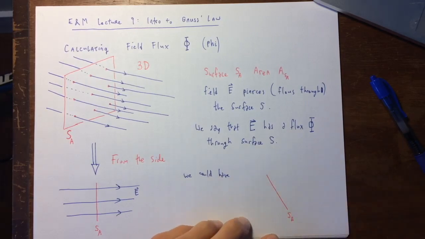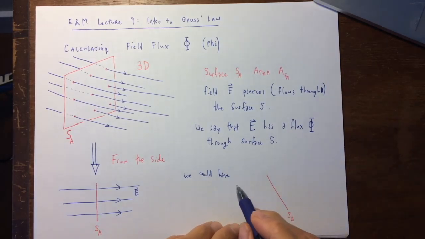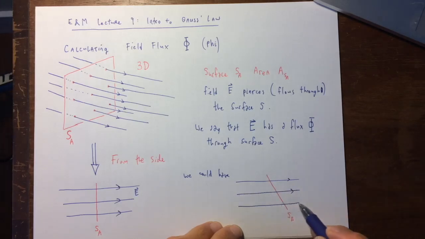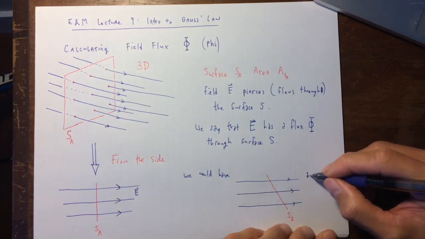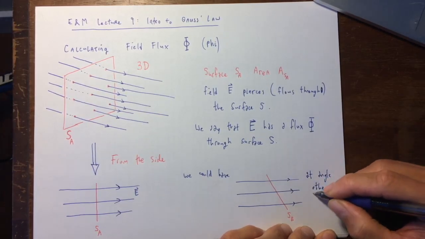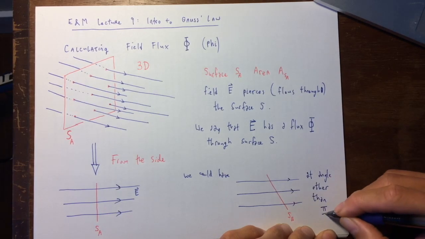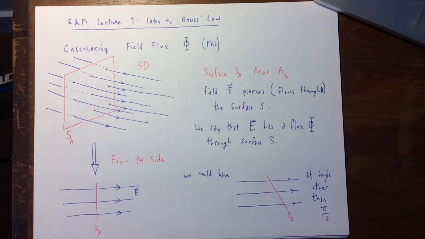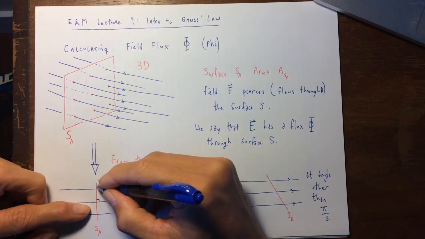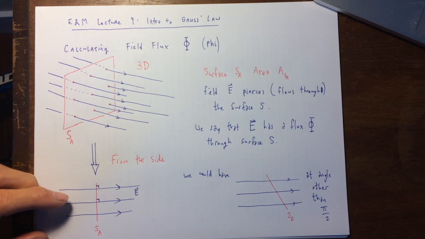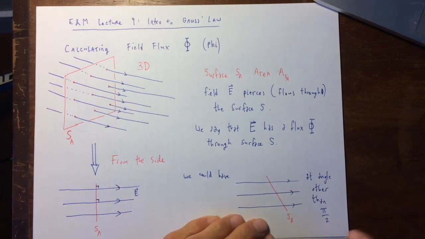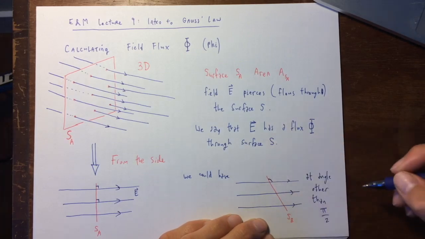But we could have another surface that is getting pierced by, or has the electric field flux through it, at an angle other than pi over 2 radians, right? So you can see here that there seems to be a perpendicularity between the electric field and the surface, and over here instead these angles are not perpendicular.